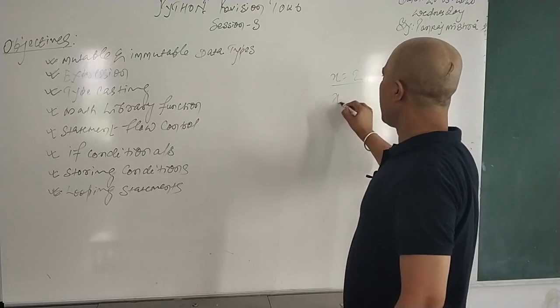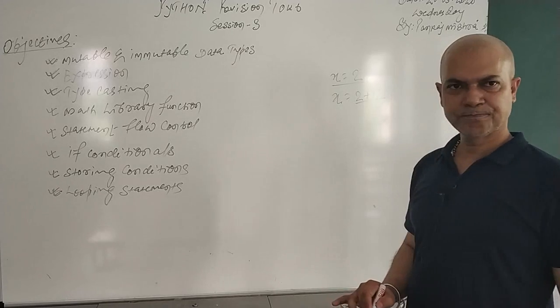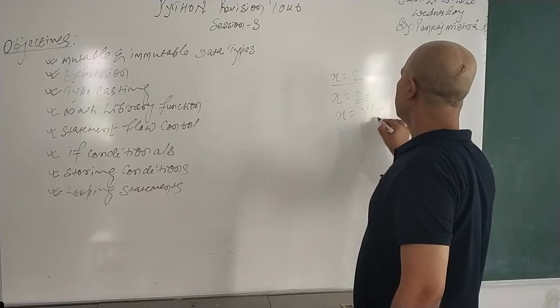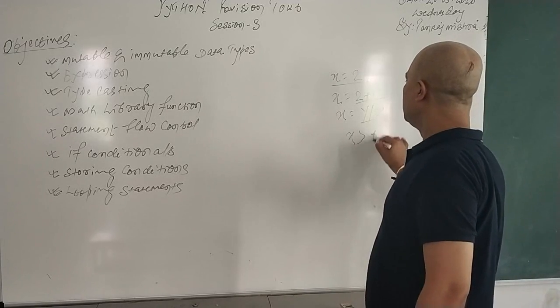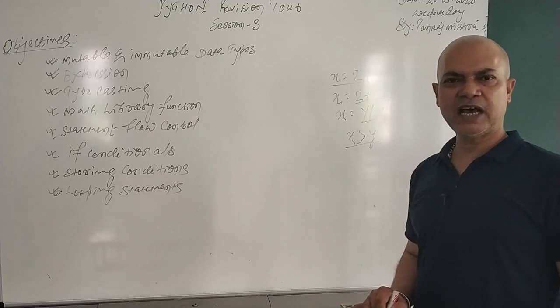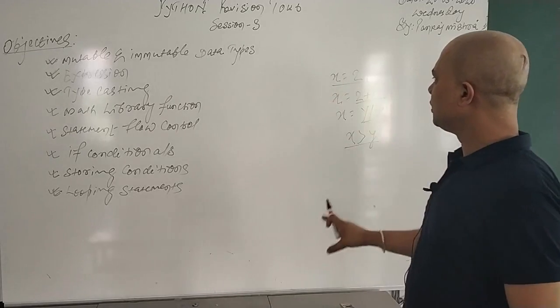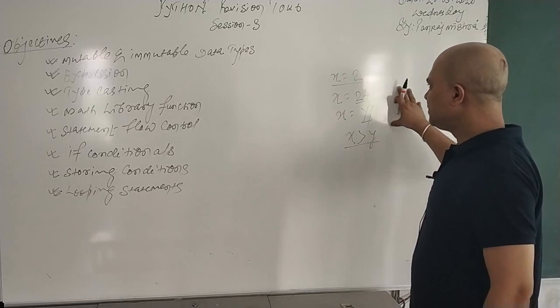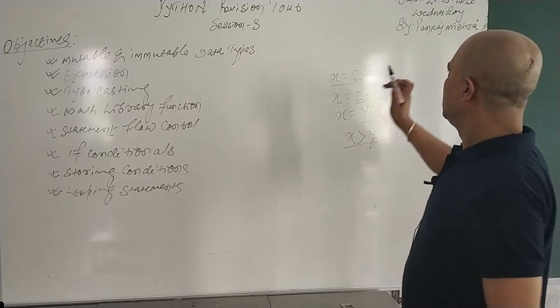If I'm saying x equal to 2 plus 2, it's again an arithmetic expression. If I'm saying x equal to y by z, it's again an expression. If I'm saying x greater than y, it's a relational expression. So any valid set of operator symbols that we write in Python can be considered an expression.